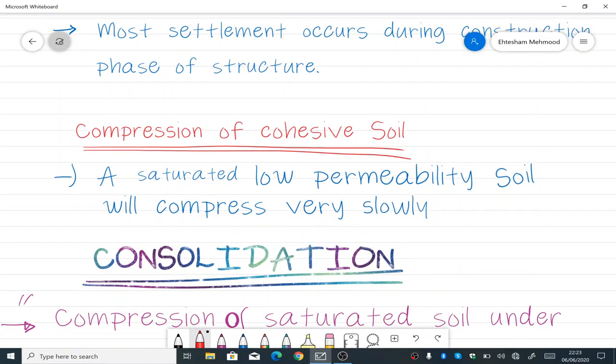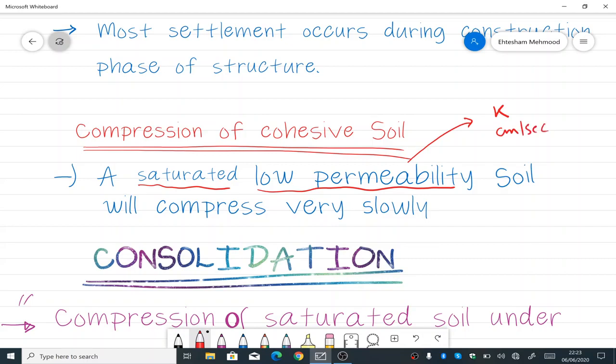Compression of cohesive soils. A saturated soil with low permeability will compress very slowly. And what is permeability? Permeability is indicated by k, and it generally has the unit of centimeter per second.